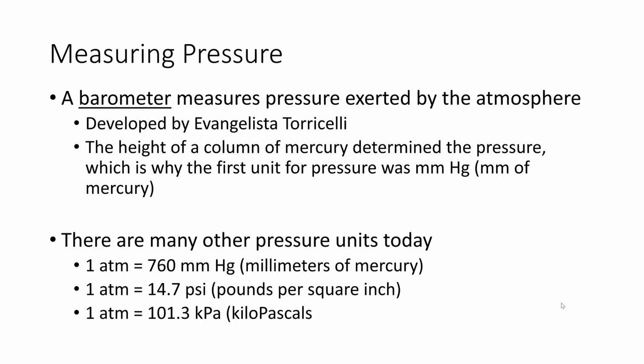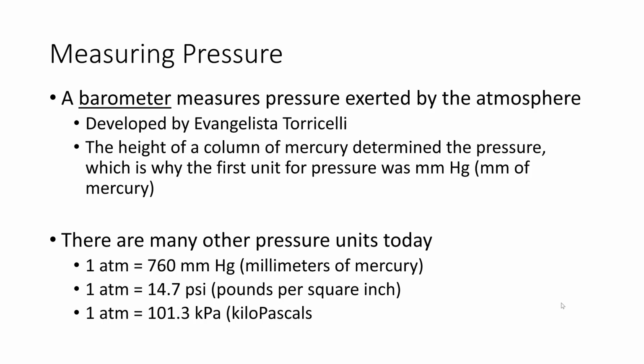The last pressure unit that we're going to talk about is called kilopascals. There is 101.3 kilopascals for every 1 atmosphere, or maybe you want to read it as 1 atmosphere equals 101.3 kPa, or kilopascals. And this is the standard international unit.